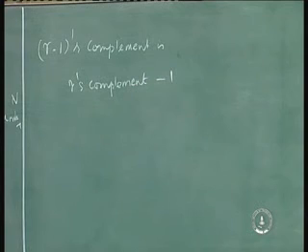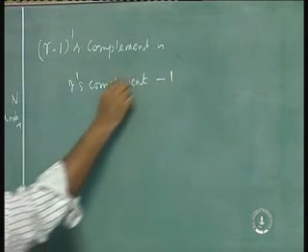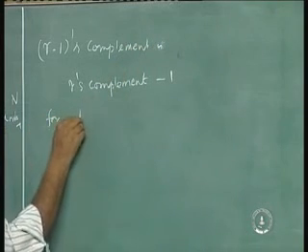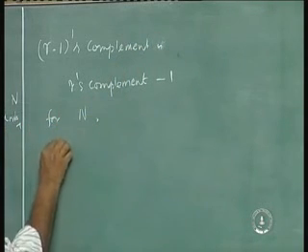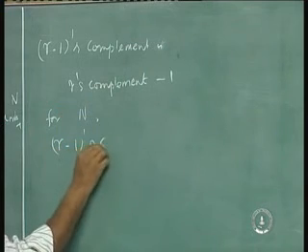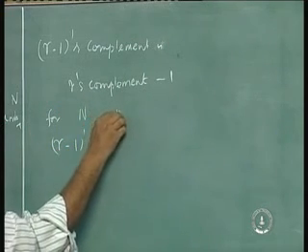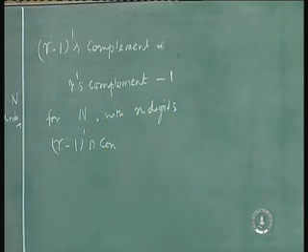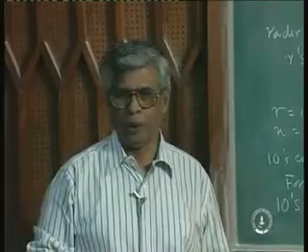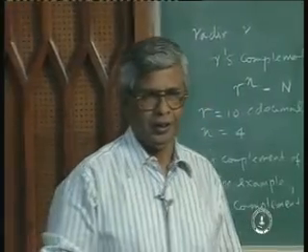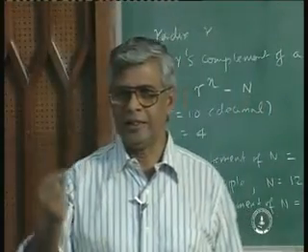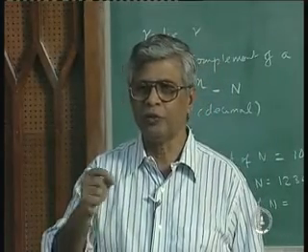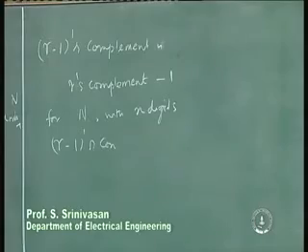For a number N with n digits, again, I could have used p digits or something, but the choice is n, but it doesn't matter. Small n is the number of digits, capital N is the number. I don't think there is any confusion in that.